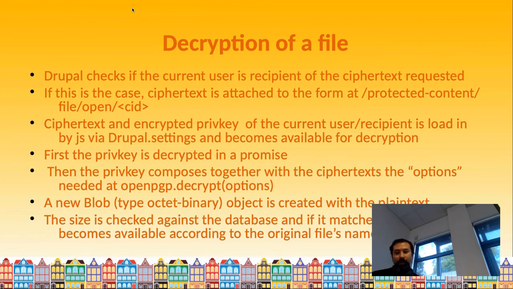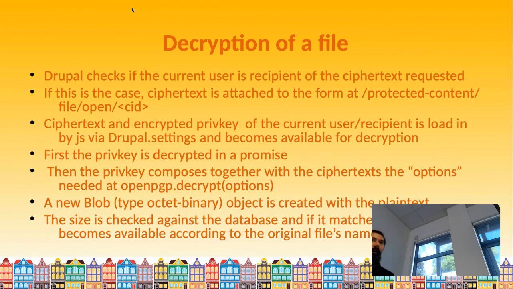A new blob of type octet binary, because as I told you before, everything is treated as binary, is created with the plain text, and then it becomes a file. The size is checked against the database. This was a really small thing to be done, but okay, if something went wrong, the size would not be the same.